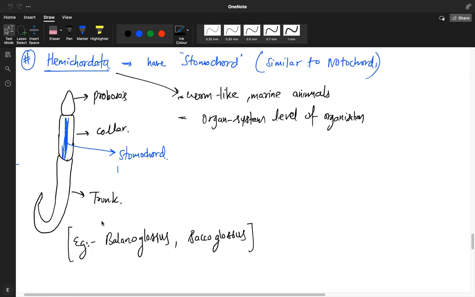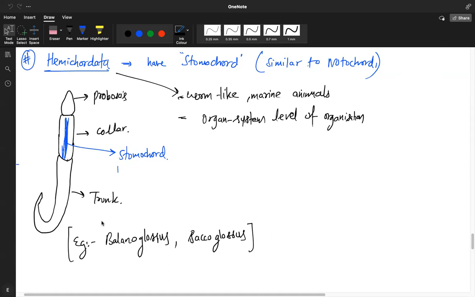It is present in one stage of life. Okay. So in this phylum, there are worm-like animals which have 3 major regions. The top is the head, which is called proboscis. Then there is a collar region, and finally a trunk region, which follows like a tail. Inside the collar region, there is a structure that goes inside, and it's called the stomochord.